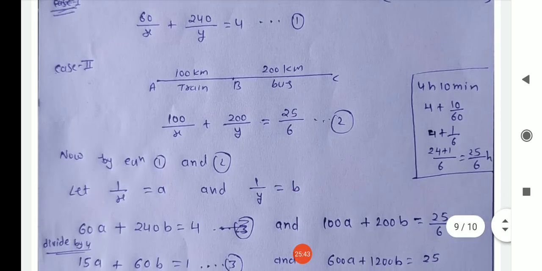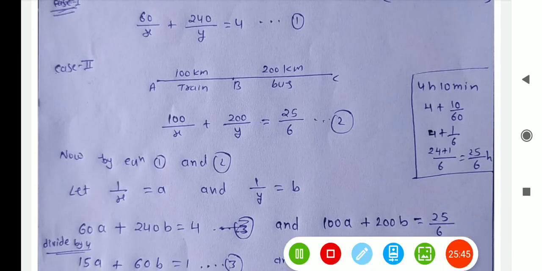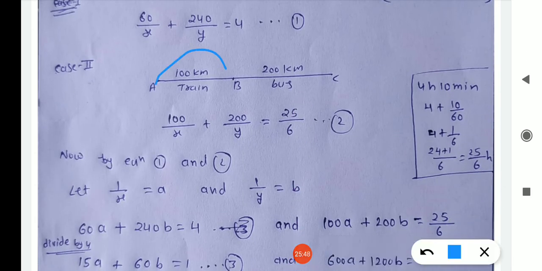Now in the second case, she travels 100 kilometer by train and the remaining by bus. So 100 upon x, where 100 is distance and x is speed of train, plus the remaining 200 kilometer by bus and speed of bus is y. She takes 10 minutes longer.